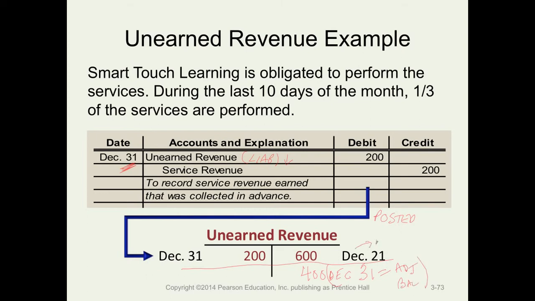The unadjusted balance on the 21st of December is $600, but the adjusted balance is $400. And when you look at this $400, it means that 2/3 of the revenue is still unearned, and it's still a liability.